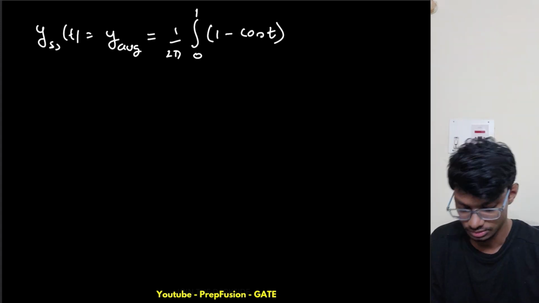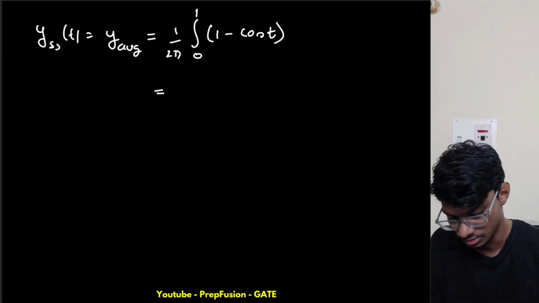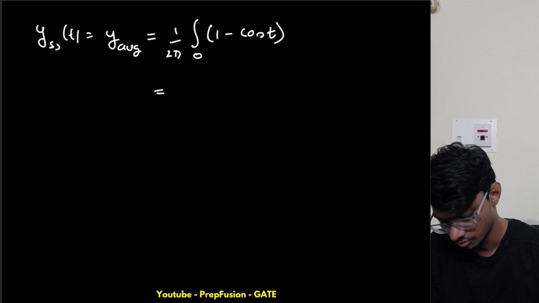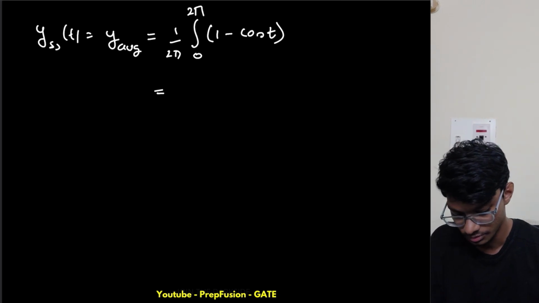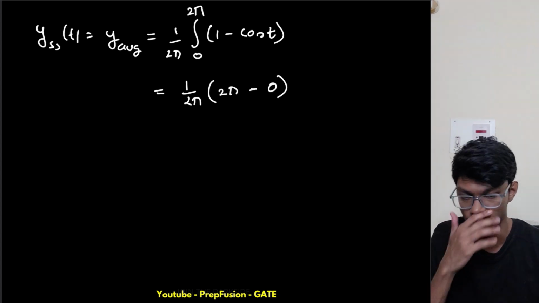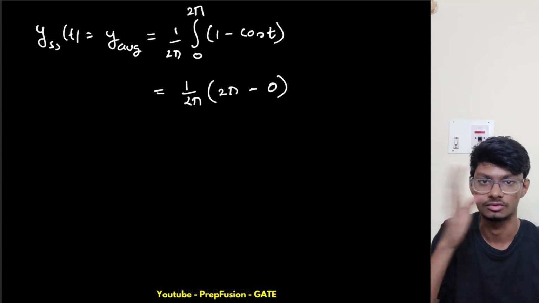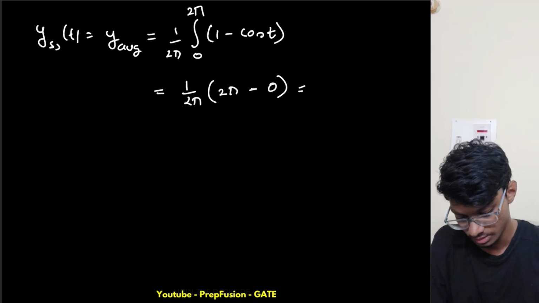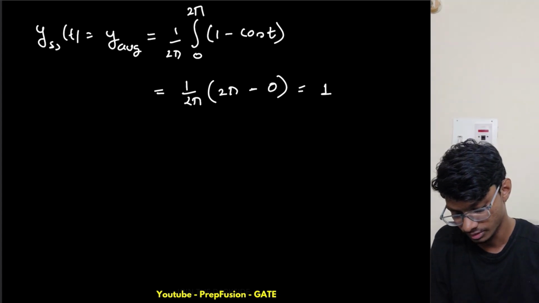Sorry, it's not 0 to 1, it's 0 to 2 pi. So it is simply 1 by 2 pi into 2 pi minus 0, because the integration of cos t over a whole cycle is 0. So this will be 1 only. This is basically my y steady state.